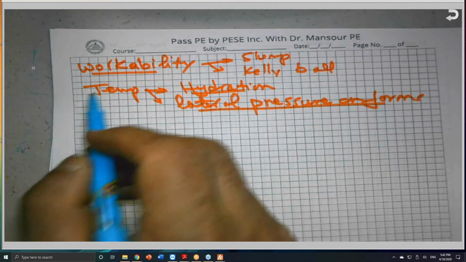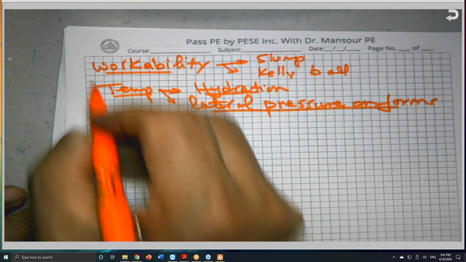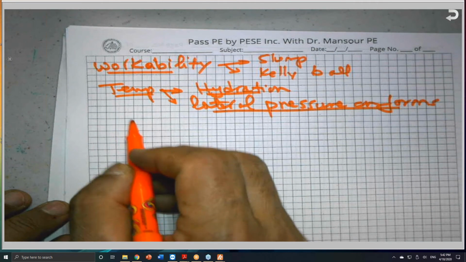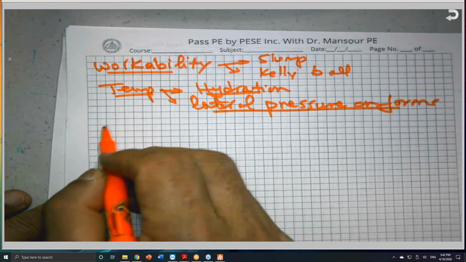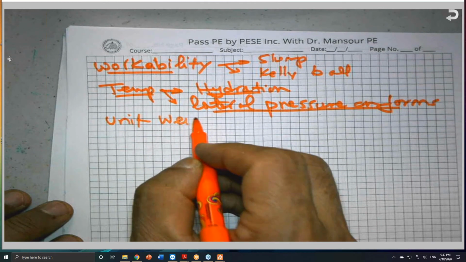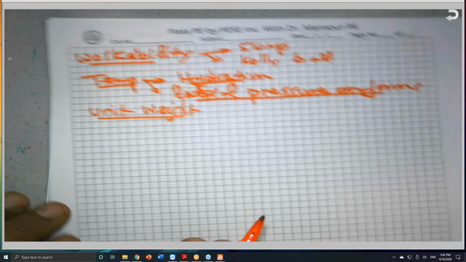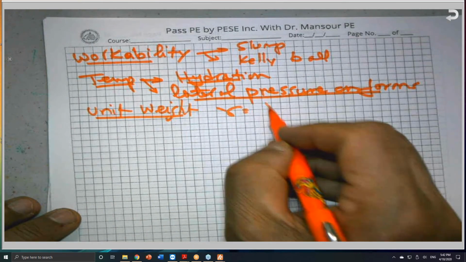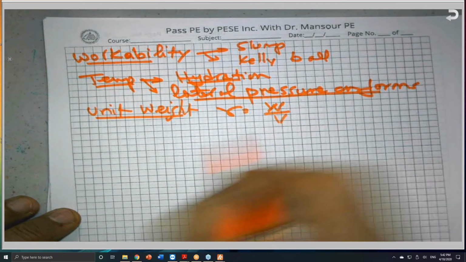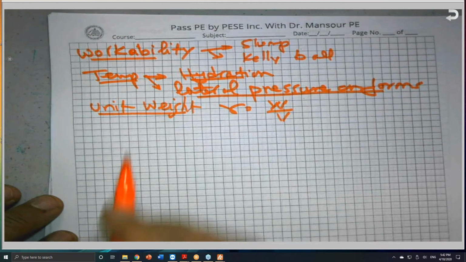Also, while the concrete is still fresh, we measure or calculate the unit weight, which is gamma concrete, the weight over volume. So this is another test we do while the concrete is fresh.